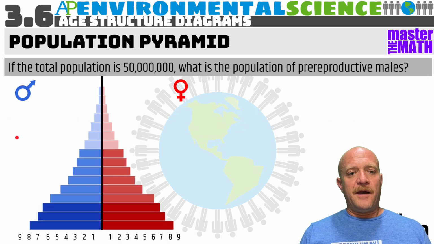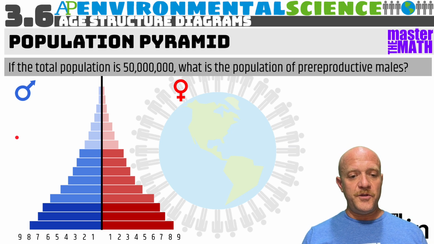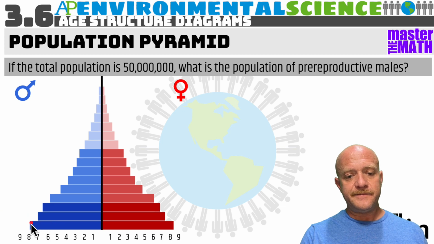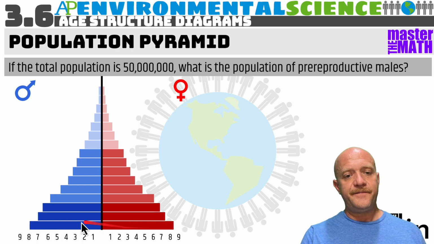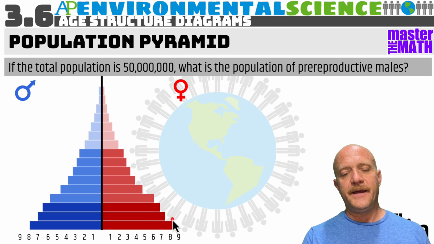So let's look at a math problem related to population pyramids. I want to show you right now that on the bottom here, these are percentages. This is the percent of the population. And again, these are all the males, these are all the females, and you can see the cohorts separated by the different shades of blue and red.